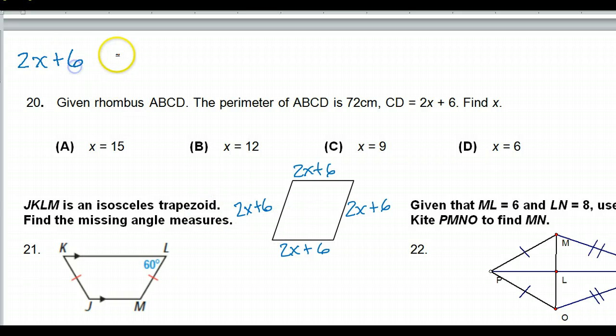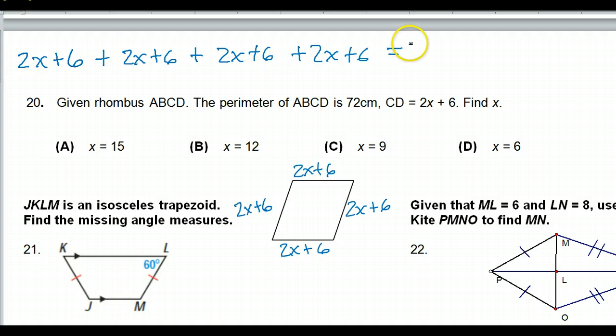But, you know, I'm just going to show it. 2x plus 6 plus 2x plus 6 plus 2x plus 6 plus 2x plus 6. Okay? 1, 2, 3, 4 of these things should all add up to 72. That's what perimeter means.